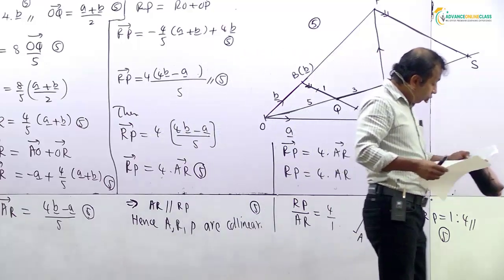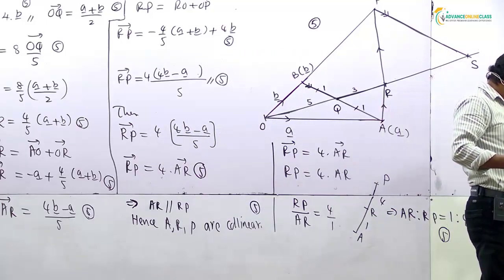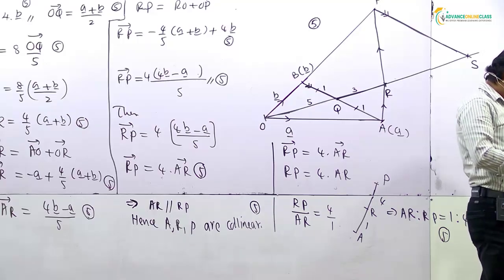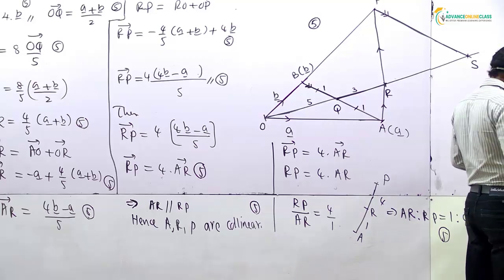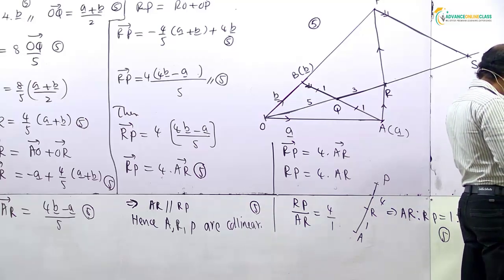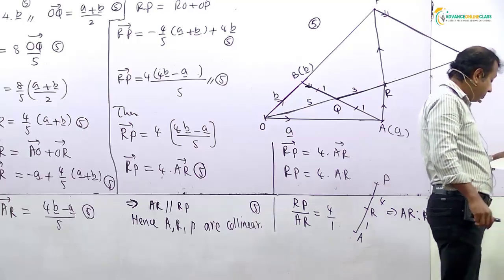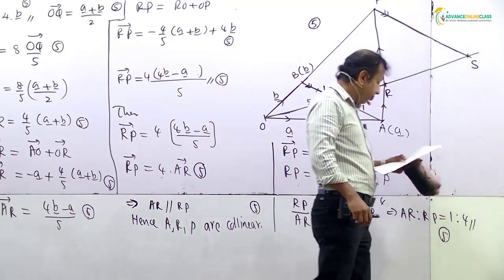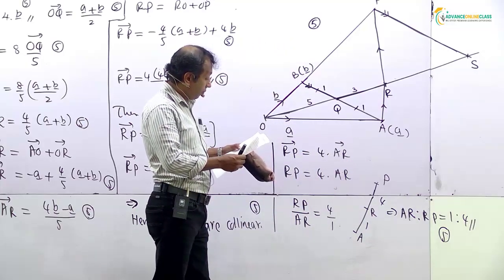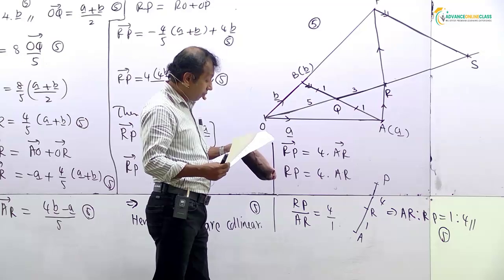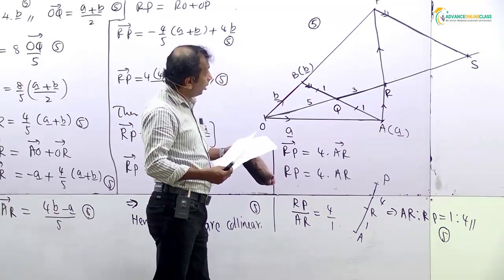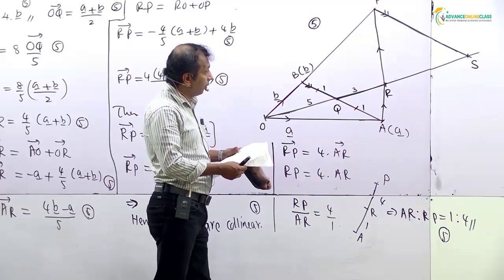If PS is parallel to BA, find the value of mu. OS equals mu OQ. PS is parallel to BA.